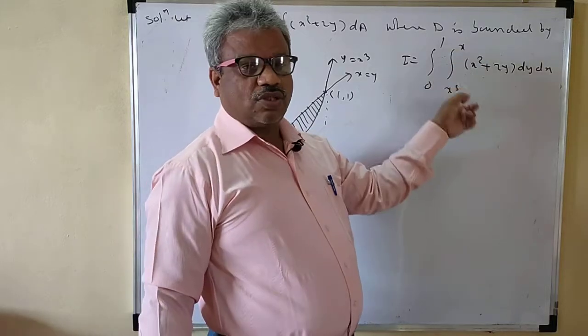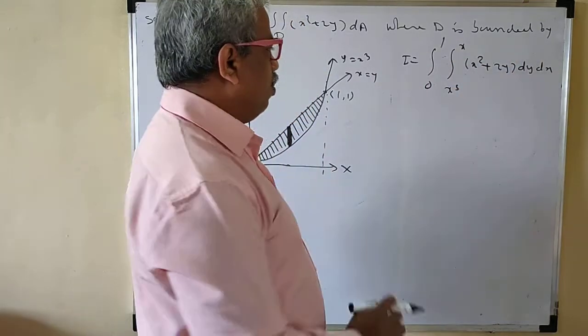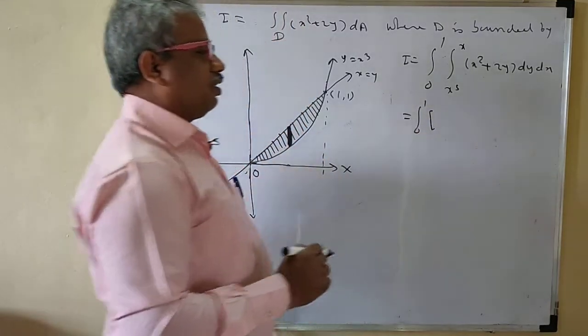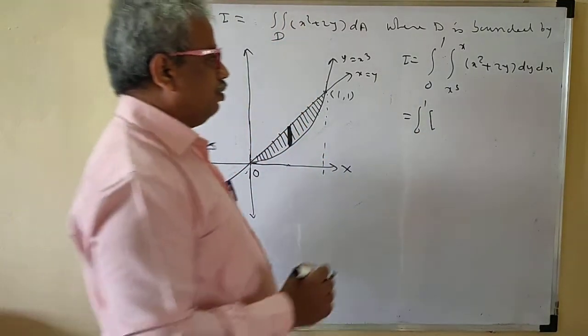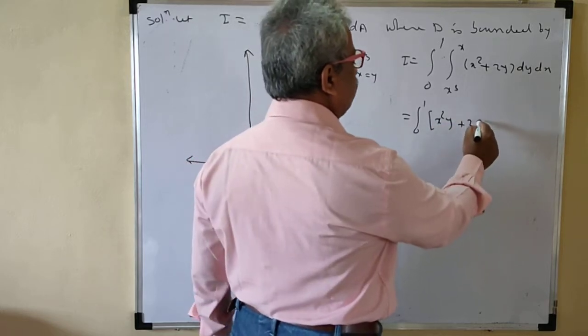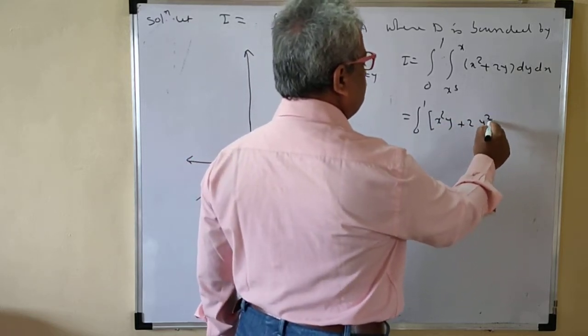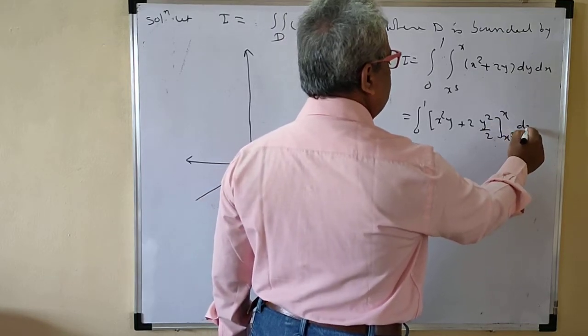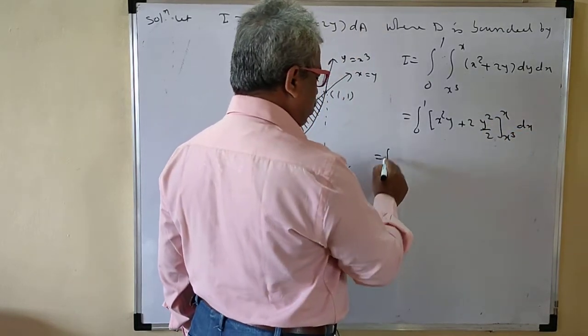Now we will integrate with respect to y. So x square is constant, so this is x square y. Twice y, 2 is constant, integration of y square by 2. So this is x cube, x dx, now from 0 to 1.